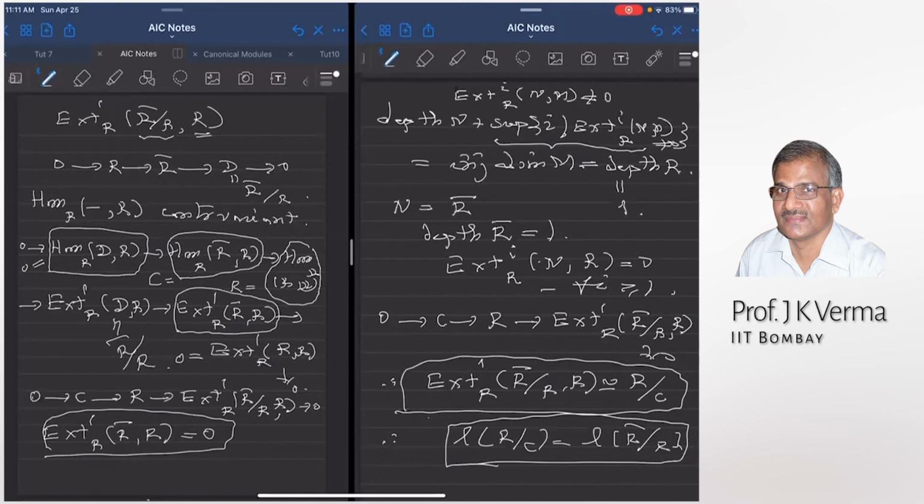Any doubts on this proof? Any statement which is not clear? So homological proofs work like a machine, and you get beautiful theorems like this.